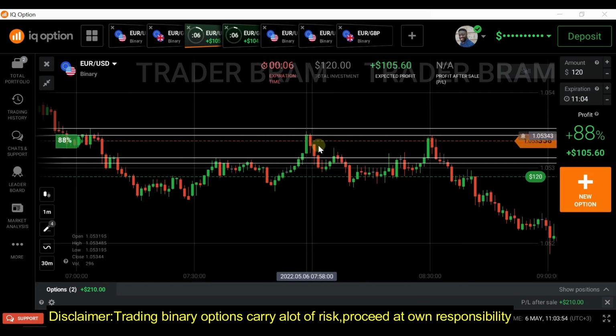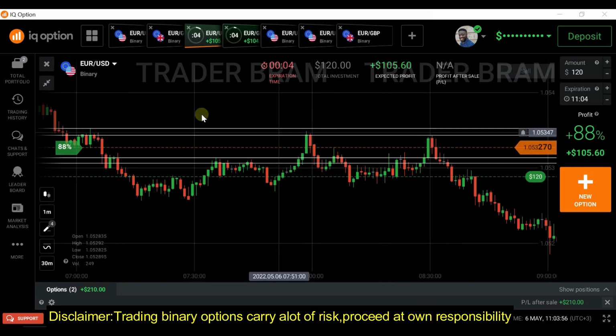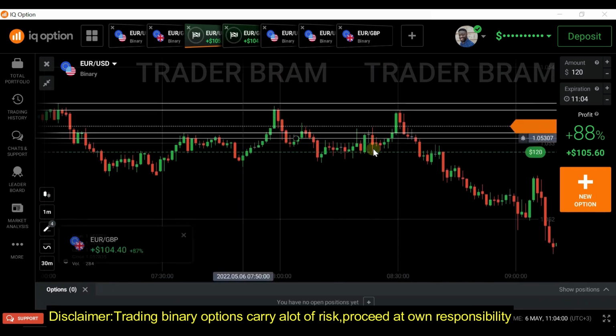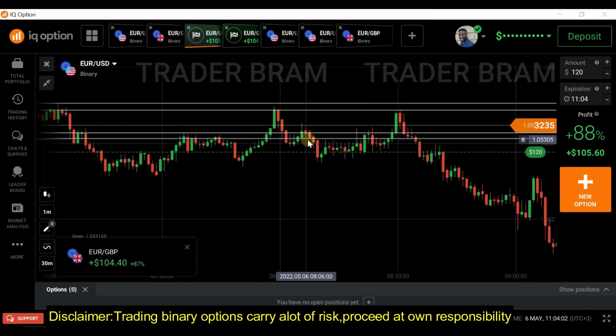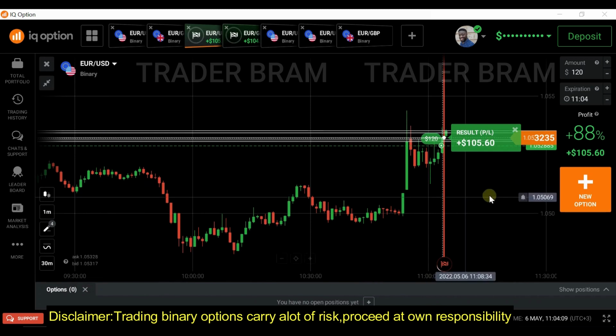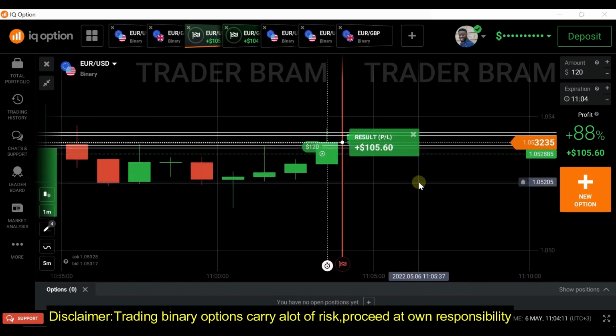And this is a good area because you can see we have a reaction here, another market reaction, another market reaction. On our current level, we have a reaction here, another reaction, another reaction. So these are good levels of support and resistance.